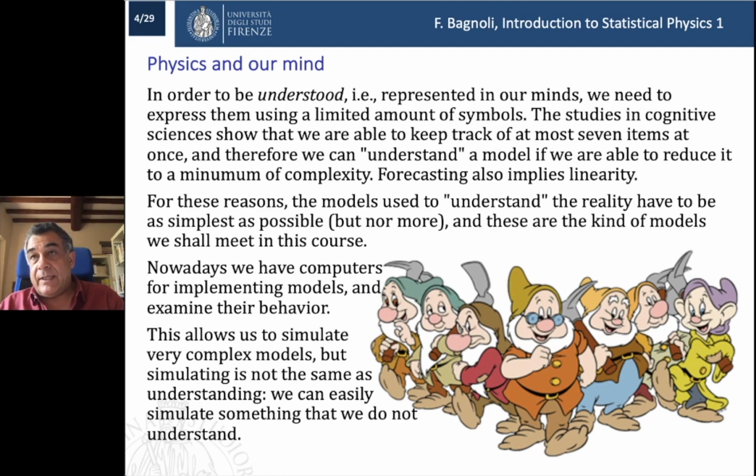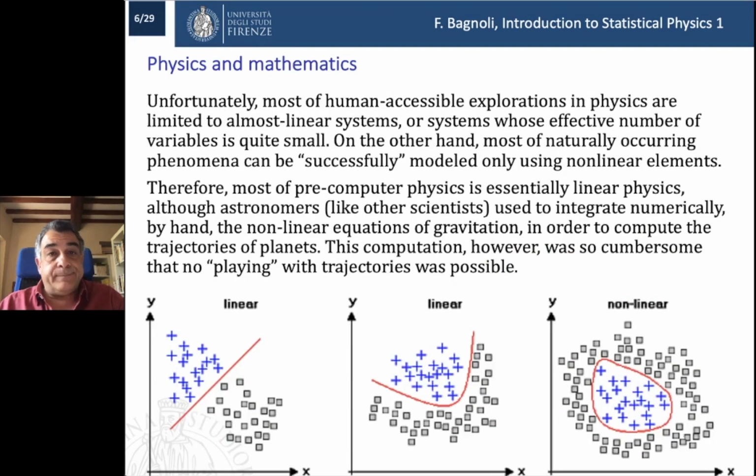We can build very complex programs that probably represent well what happens in reality, but this will not help us to understand things, because in this case we again have a complex system and our mind has difficulty. This does not mean that we cannot simulate, but if we want to understand, we have to keep things simple. Okay.